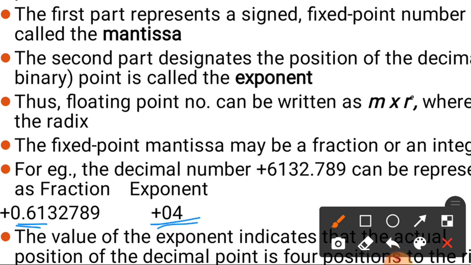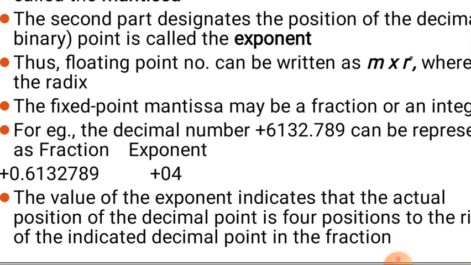That means the actual decimal point in the number is 4 positions to the right of the indicated decimal point in the fraction.